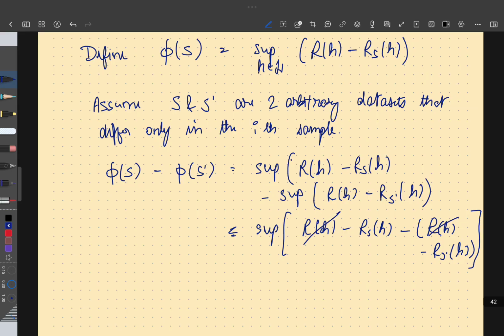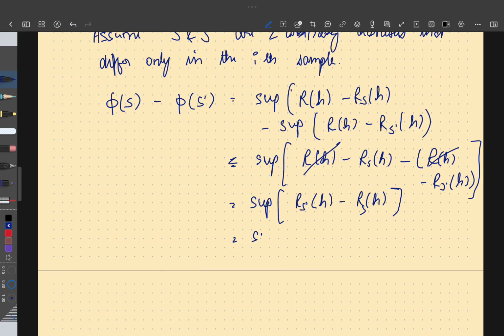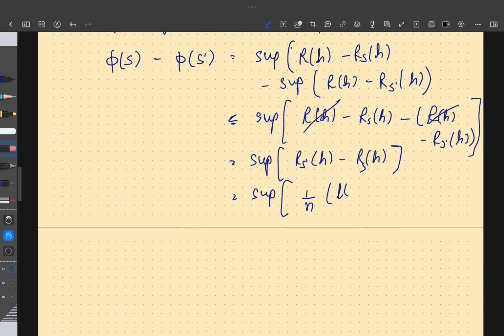This R of H and R of H get cancelled, and I end up with just Rs prime of H minus Rs of H, which is nothing but 1 over n times L of H of xi yi minus L of H of xi prime yi prime.